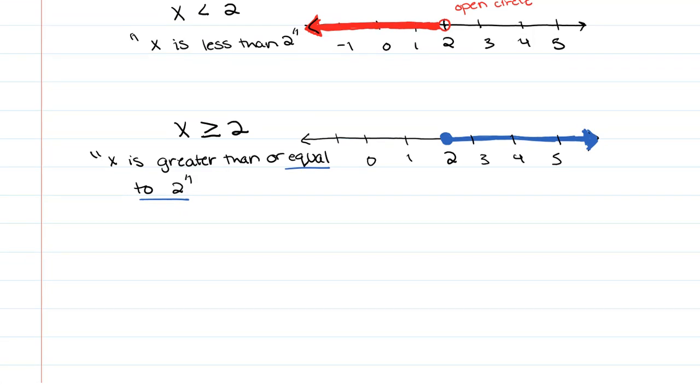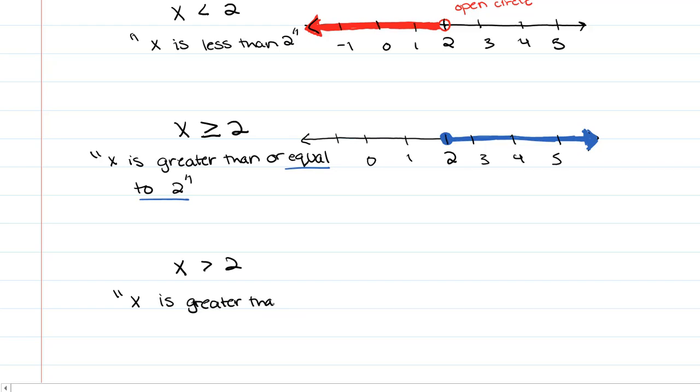And lastly, we have x is greater than 2. Using the same number line again, my endpoint is still 2.